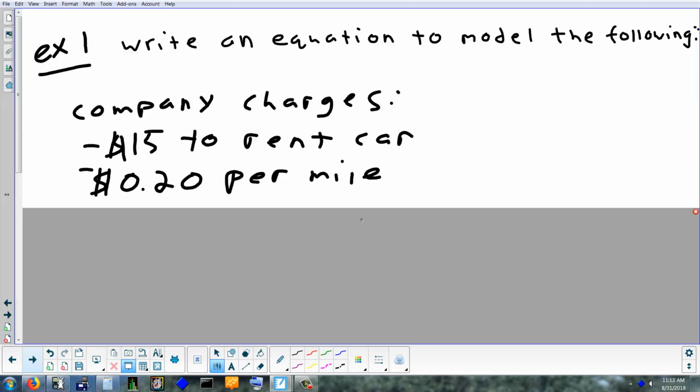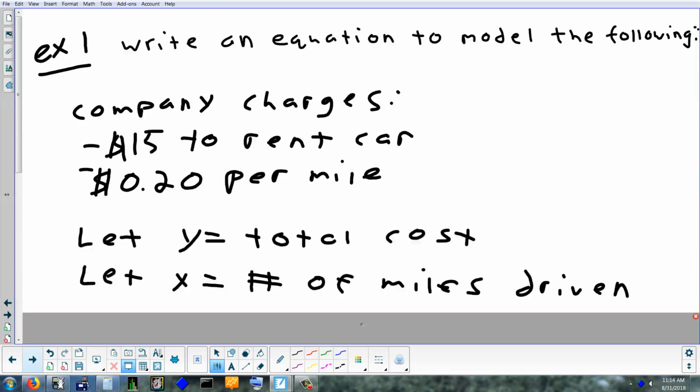Is there anything else, though, that's going to change that's dependent? So miles is our independent variable, because you can control how many miles you drive, but what depends on how many miles you drive? The total cost. So the two things that are going to change are miles and cost, which is our dependent variable, because the cost depends on how many miles you drive.